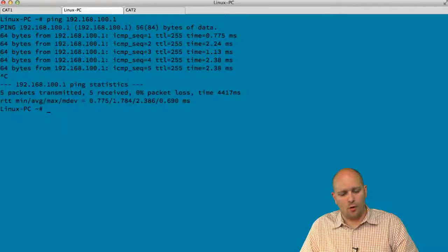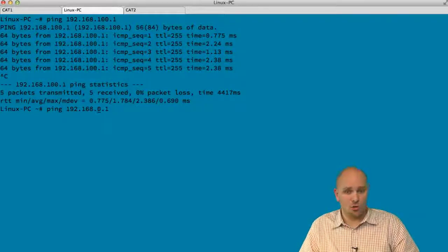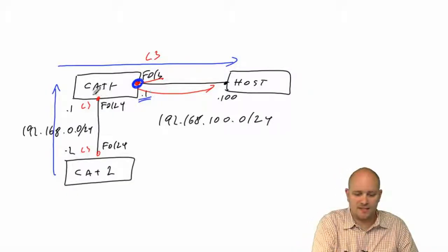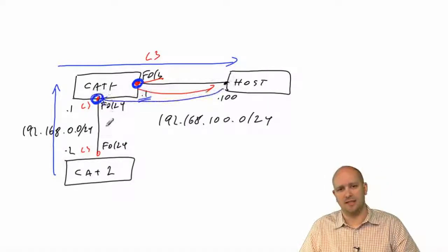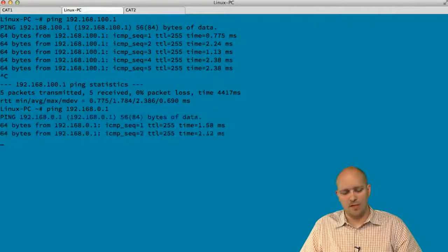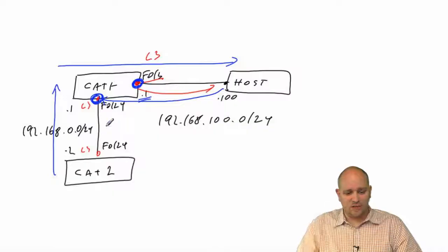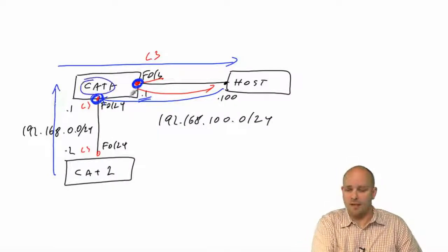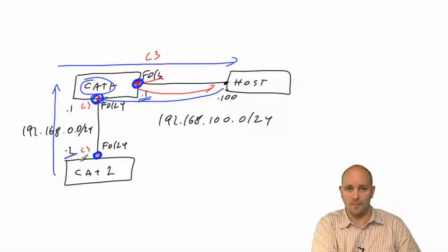Let me try now to ping 192.168.0.1. This address is this interface here. If I send this ping, I'm still going to get the responses. The responses are sent by Cat1. Let me now try to ping this other address here, 192.168.0.2.